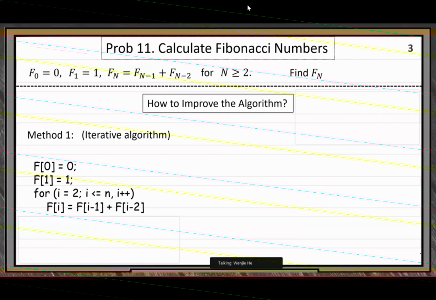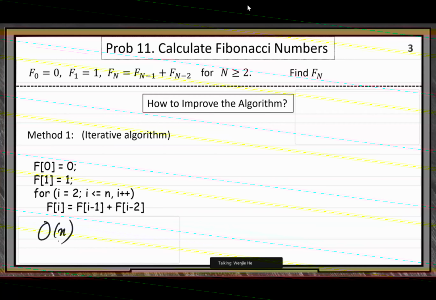So here you can see we have an easy fix, but there is one question about this simple algorithm. Although it is very simple, this algorithm is pretty fast. How fast is it? If we use the asymptotic notation, it is big O of n, linear.